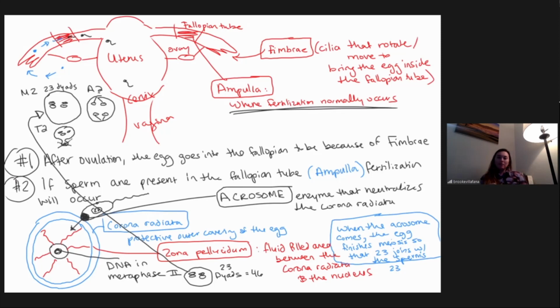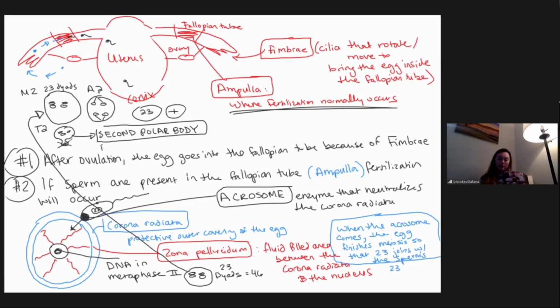So in this part, telophase 2, when the acrosome of the sperm came in, the egg finished meiosis, this is going to form the second polar body. So it's going to finish meiosis, making 23, right? And then the second polar body.